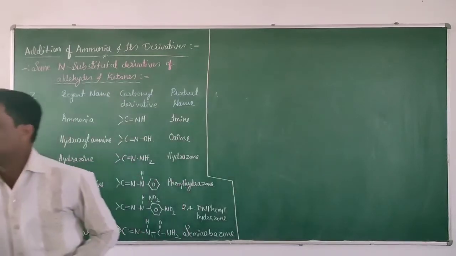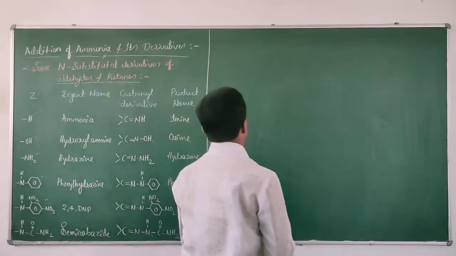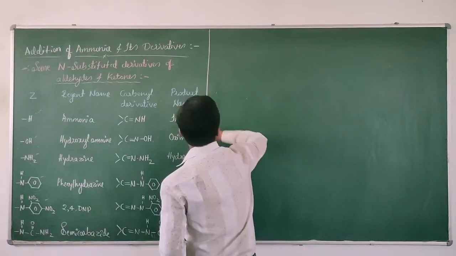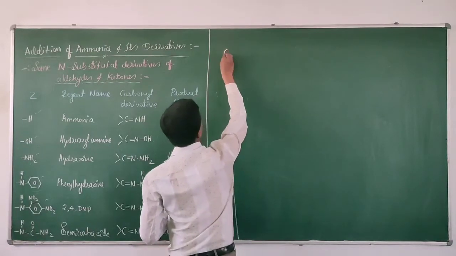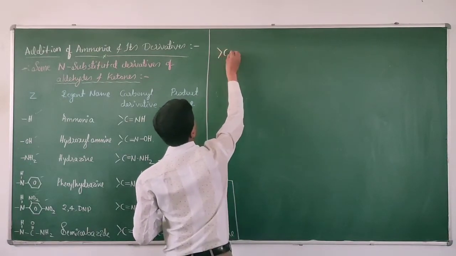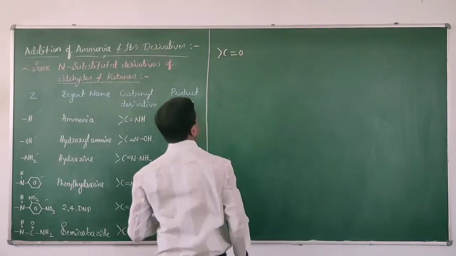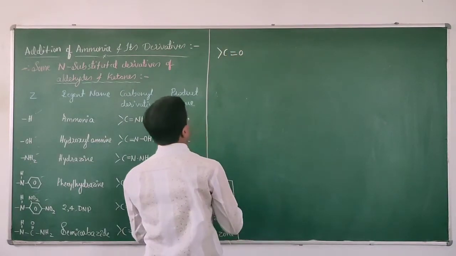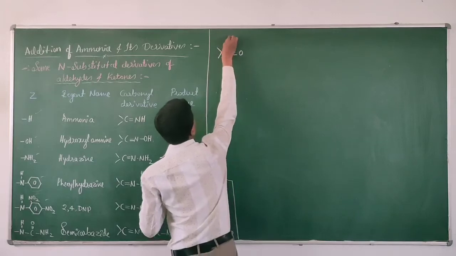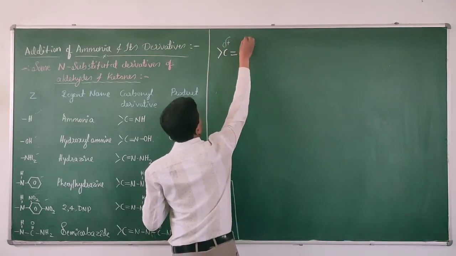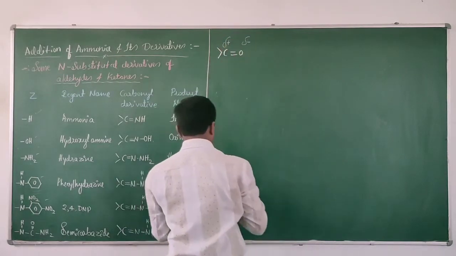First let us study a general reaction. What is that general reaction? Consider a carbonyl group. In this carbonyl group, carbon possesses a partial positive charge and oxygen possesses a partial negative charge.